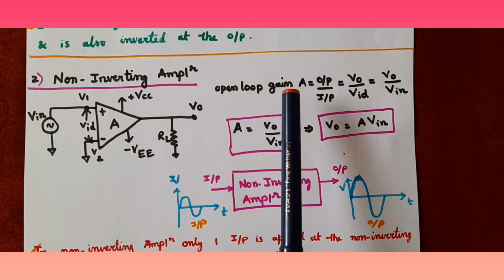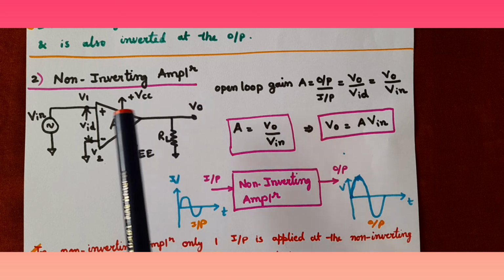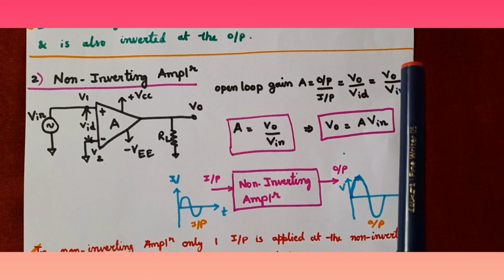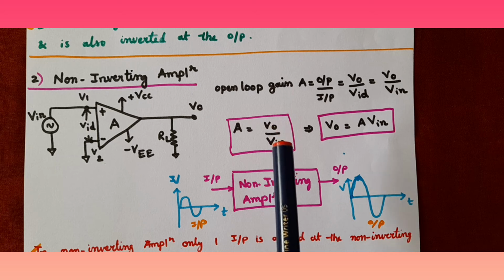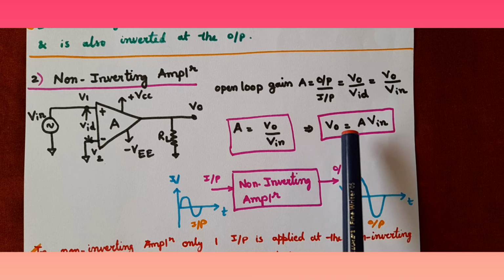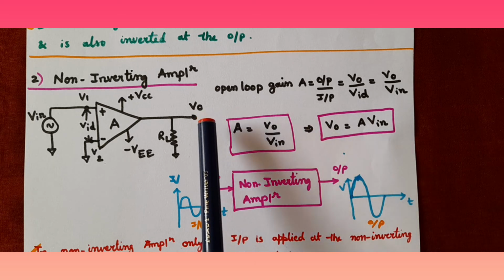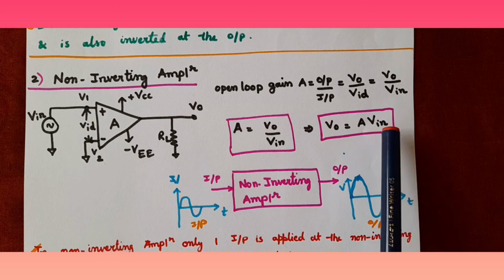Open loop gain, capital A is equal to output by input, which is equal to output V0 by VID. So we get the gain equation as A is equal to V0 by Vin. On rearranging the terms, we will get the output voltage of a non-inverting amplifier as A times Vin.